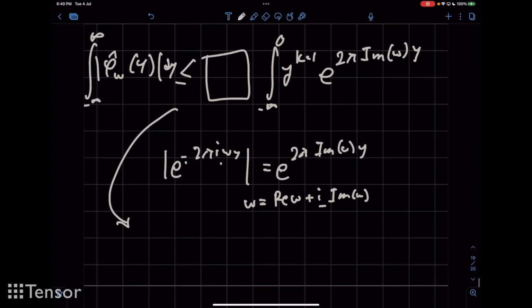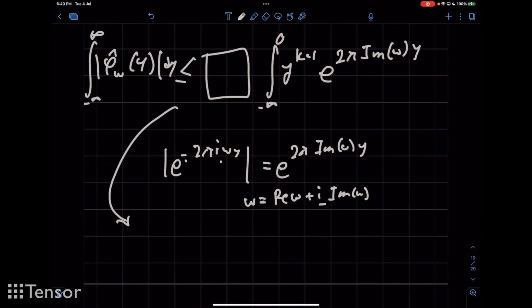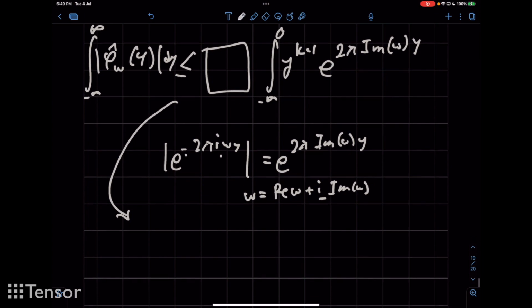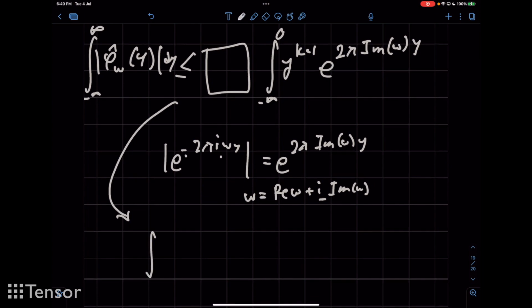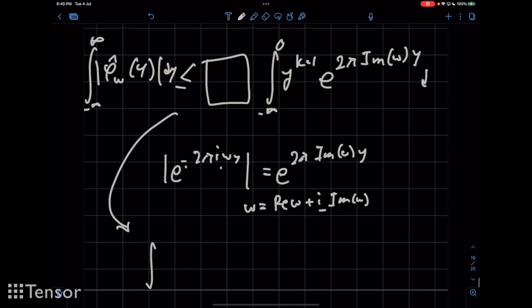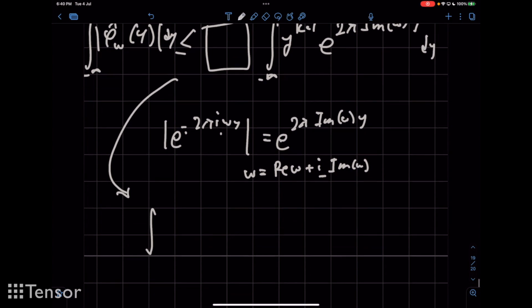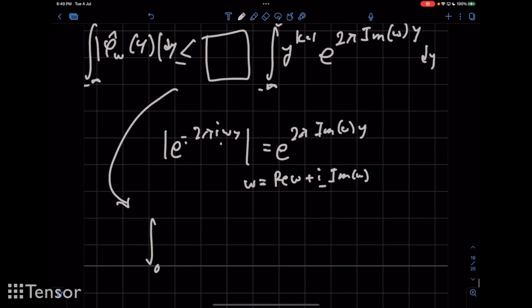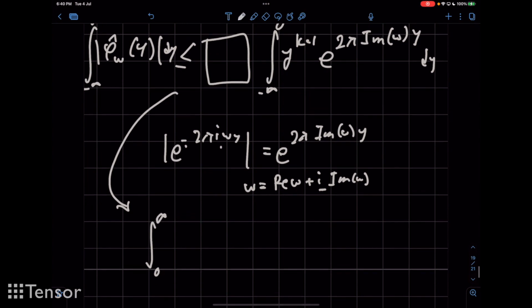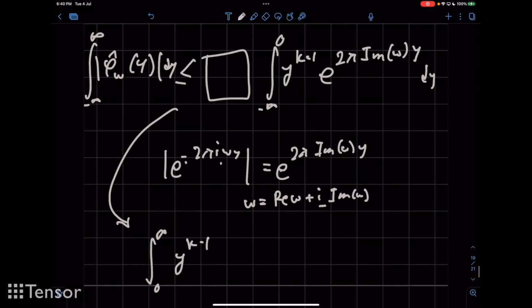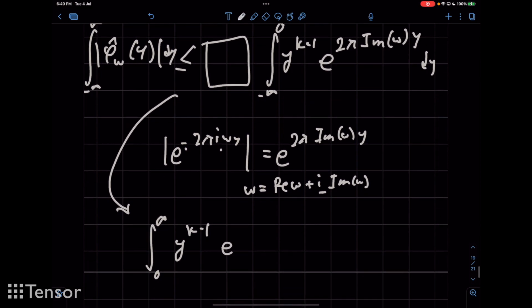Okay, I think I can write this integral in a slightly more familiar way. That is, I can change the variable from y to negative y. Then the integration becomes from 0 to infinity of y to the k minus 1, e to the negative 2 pi times the imaginary part of w, times y, dy.